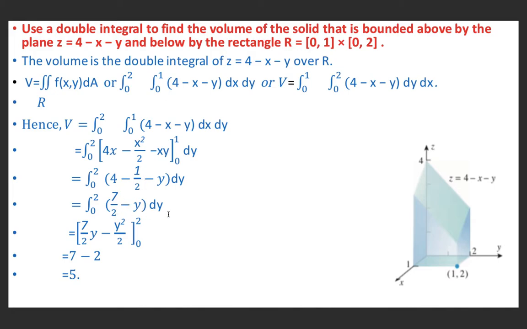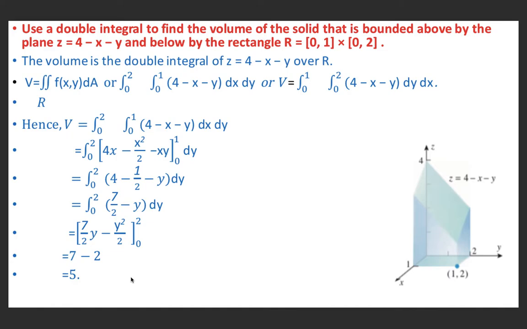Now we will integrate this function with respect to y between the limits 0 and 2. So it will be 7 upon 2 into 2 minus 2 square upon 2. So it is 7 upon 2 into 2, which is 7. And 2 square means 4 upon 2, which is 2. Minus 0, I have not written the 0 part. 7 minus 2 is 5.